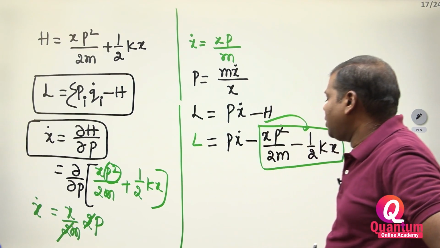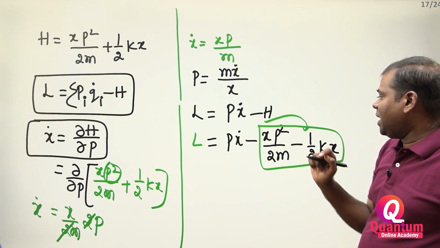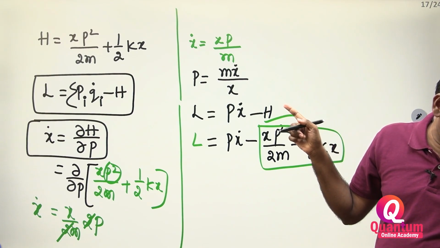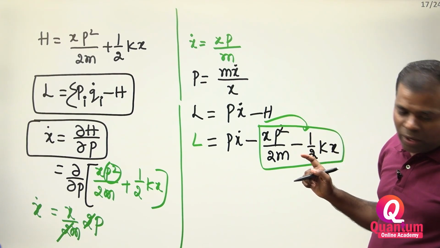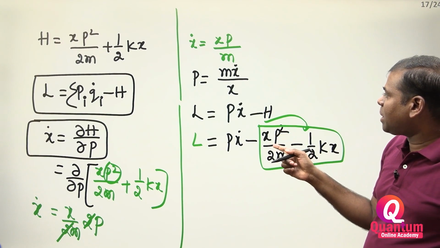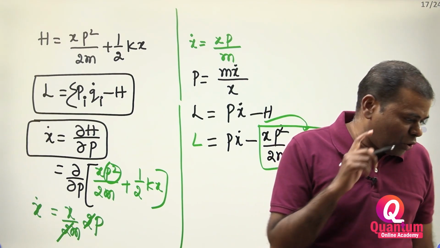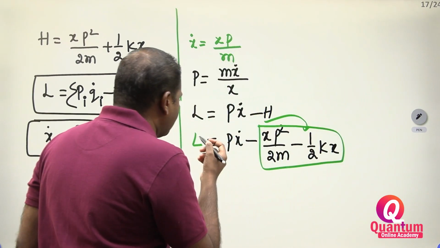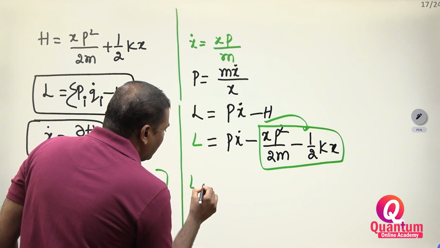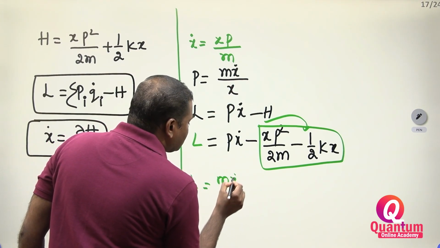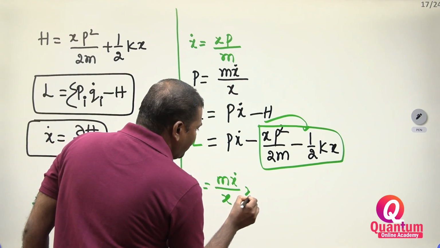This is L. Now I already calculated ẋ, so the p value I have to substitute. What are you getting once you see it? I am eliminating p: L = (mẋ)ẋ − (1/2m)(mẋ)² − 1/2 kx.